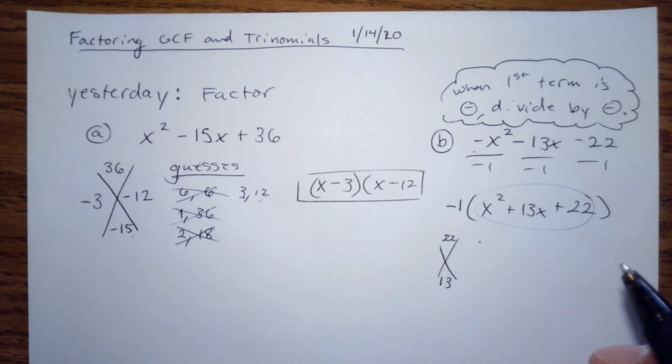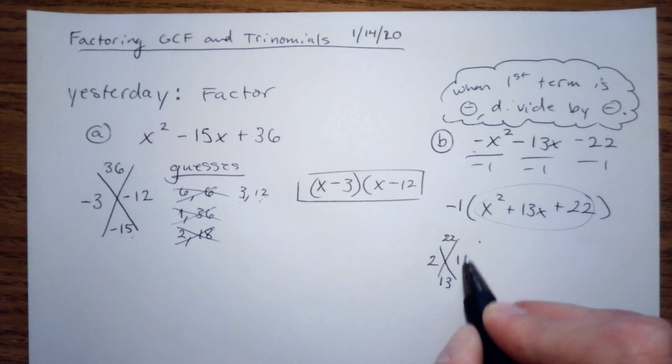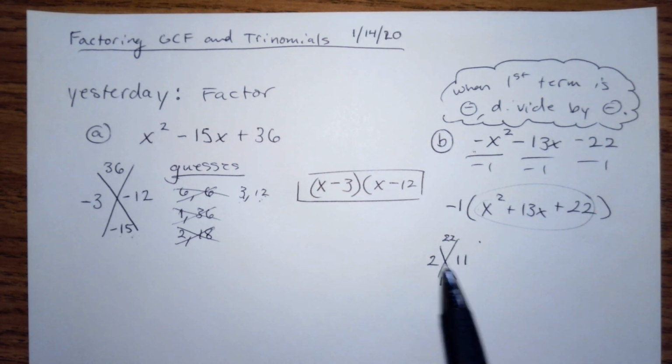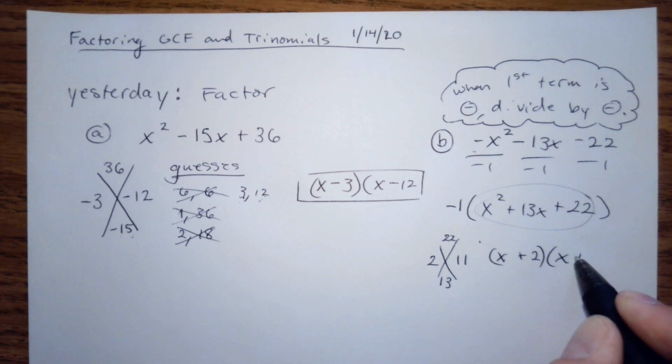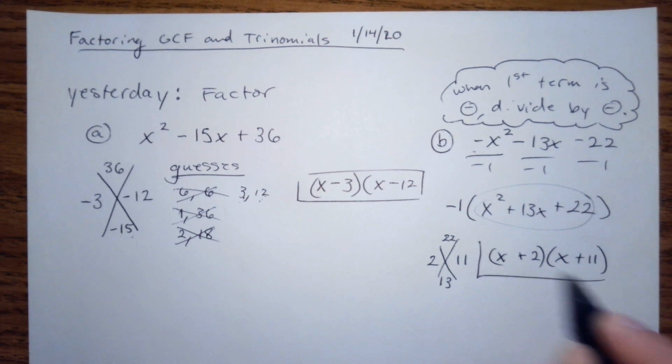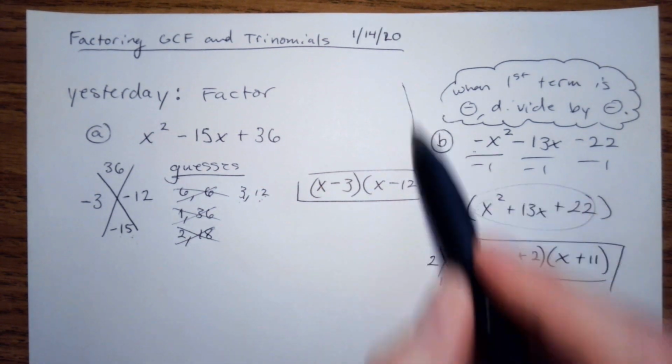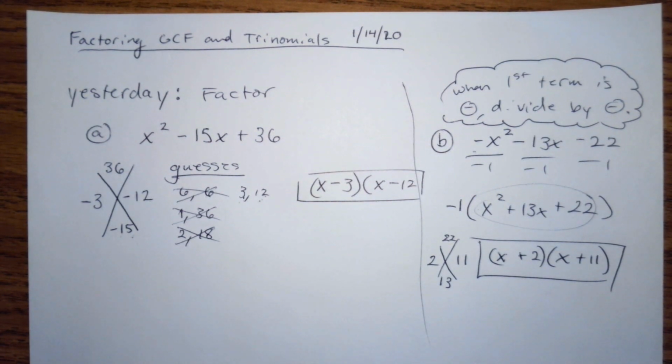Is that what? 11, 12, 13. Yeah, 2 and 11 work. And if I add them, I get a positive. When I multiply, I get a positive. That works out. x plus 2, x plus 11. So that's the answer for B. Questions on that? That's all we were doing yesterday.